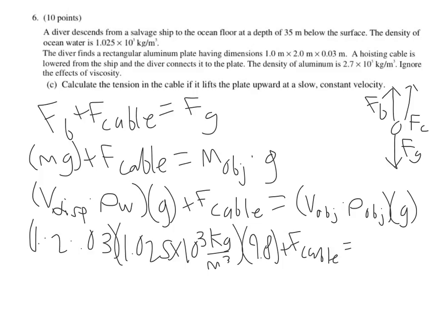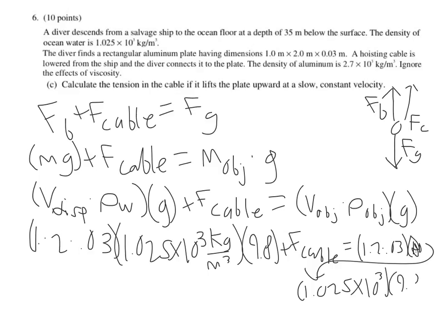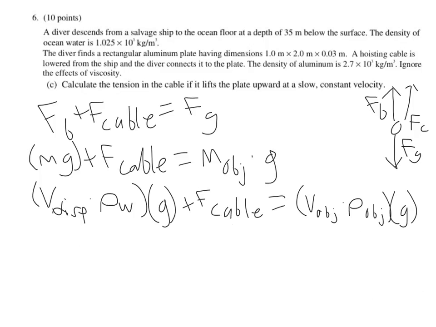Plus the force of the cable equals the volume of the object, which is the same as the volume displaced, so 1 times 2 times 0.03, times the density of the object, which is 2.7 times 10 to the third kilograms per meter cubed, times gravity, which is 9.8.